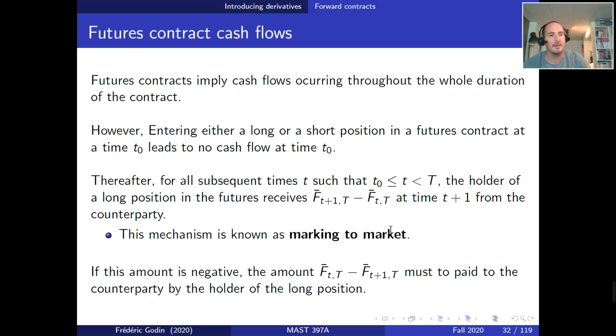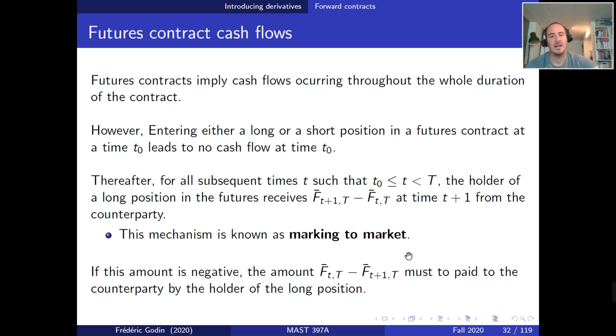So at all time steps t, the long position receives F bar t plus 1 minus F bar t at time t plus 1, until the maturity of the contract. This mechanism is called marking to market. We're going to give a bit more insight about why we call it this way subsequently.